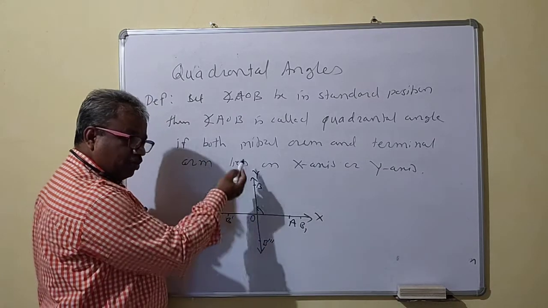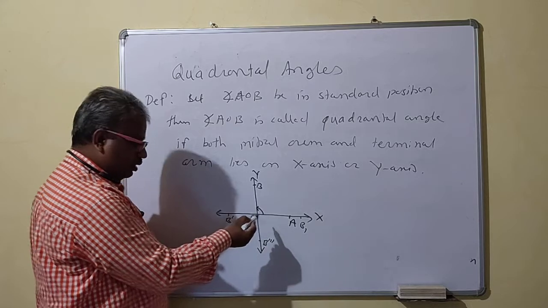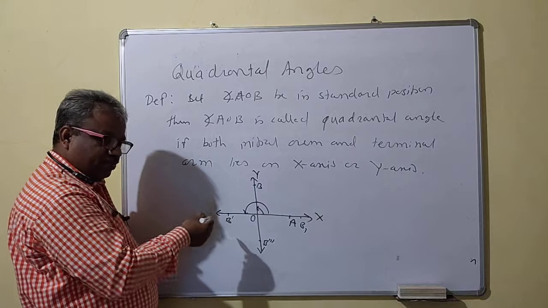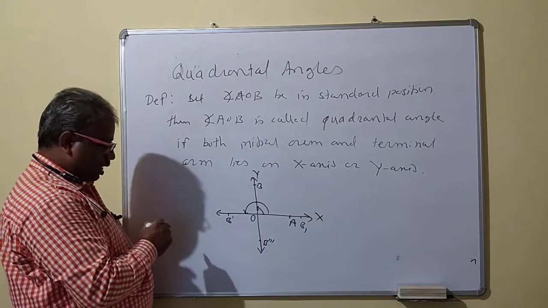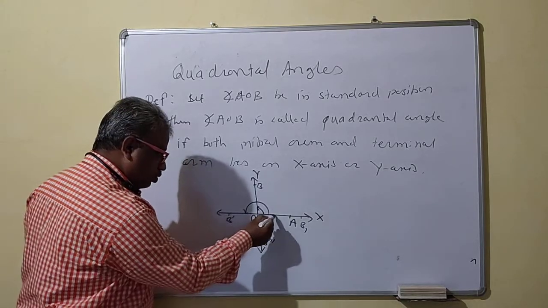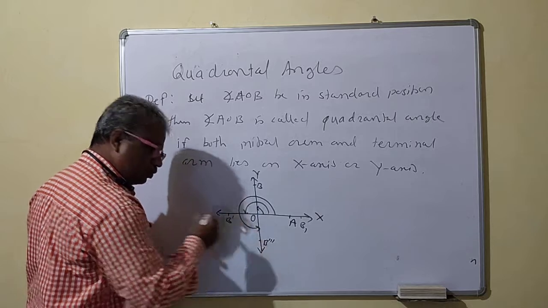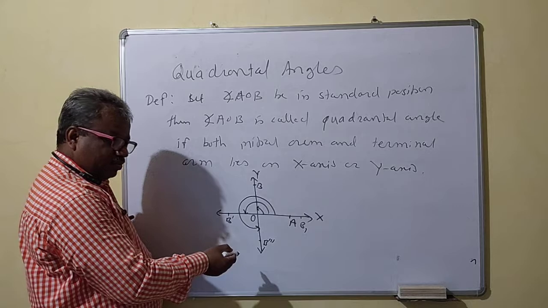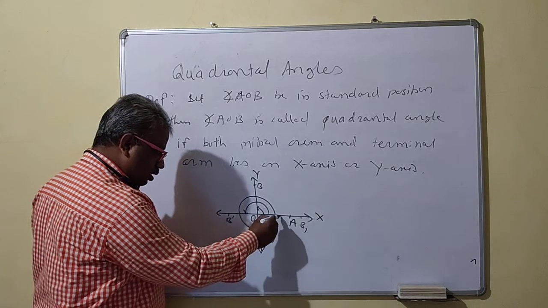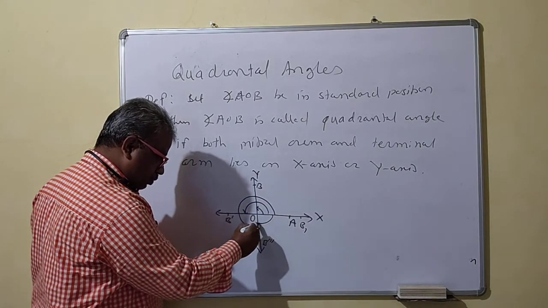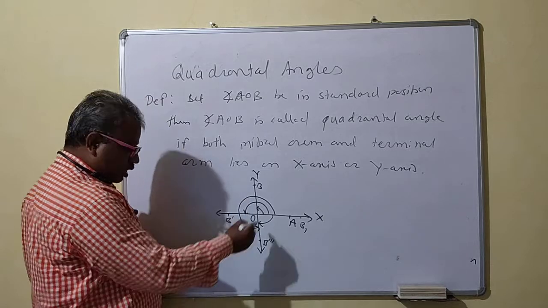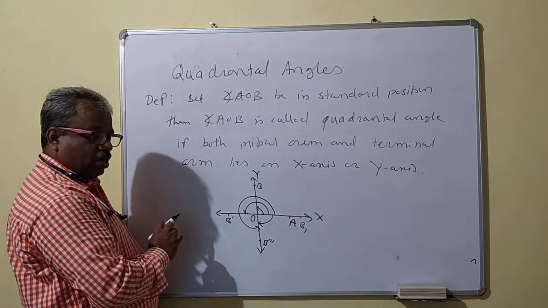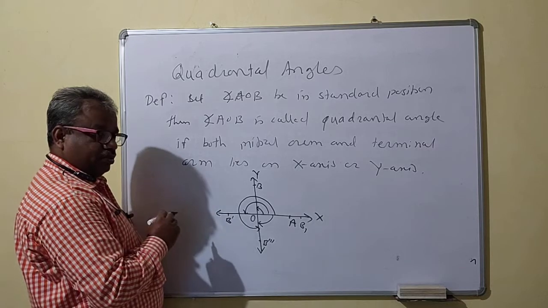Where is the terminal arm? Directly on the y-axis. For this one, on the negative x-axis. For this, on the y-axis. So all these angles are called quadrantal angles, right?